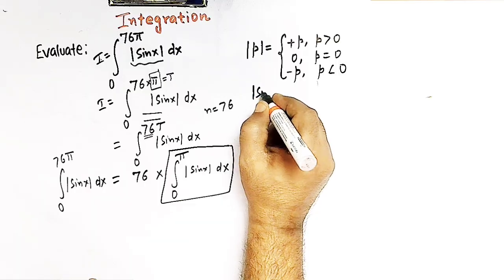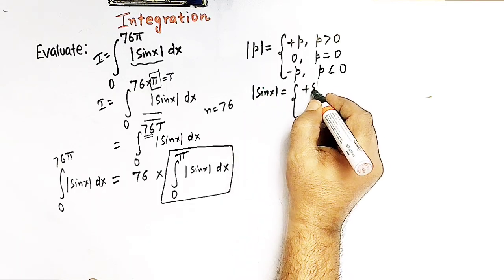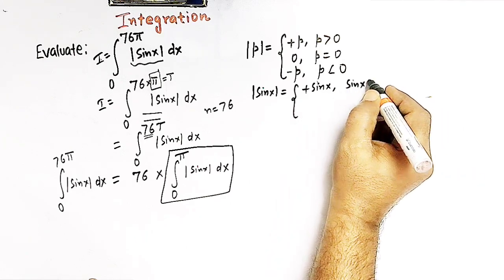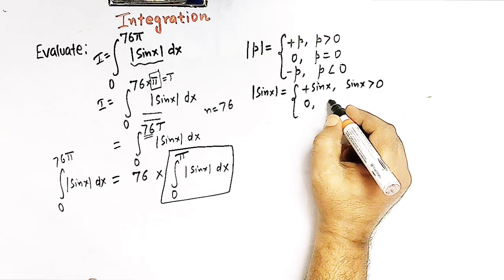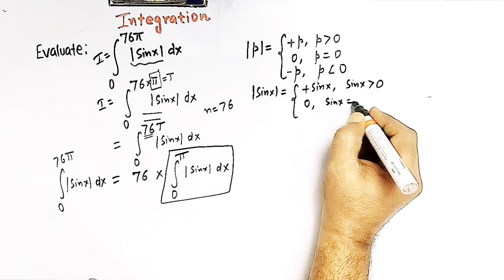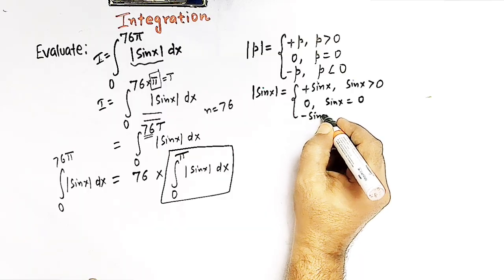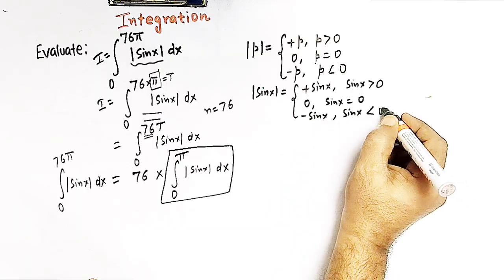So mod sine x is now defined as positive sine x whenever sine x is greater than 0, mod of sine x is equal to 0 when sine x is equal to 0, and mod of sine x is equal to negative of sine x whenever sine x is less than 0.